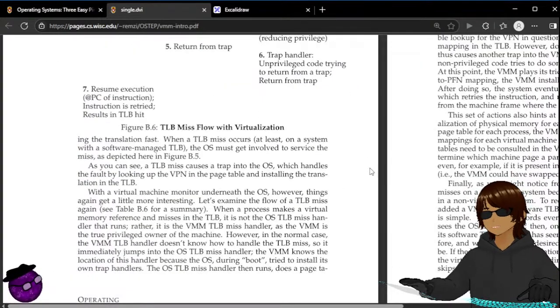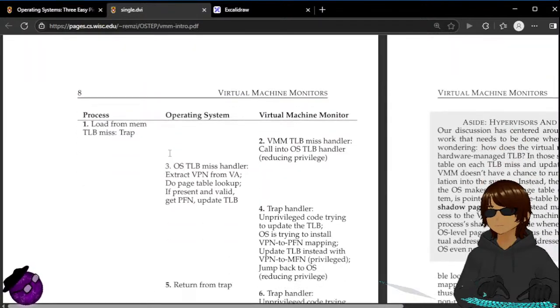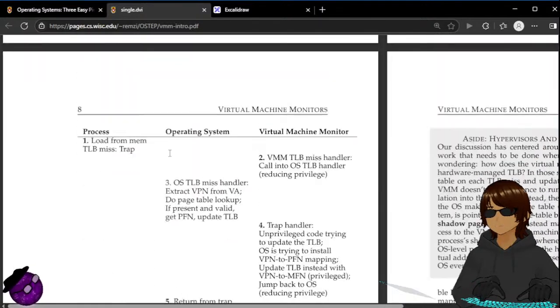In the common case, we expect the TLB to handle the translation in hardware, thus making the translation fast. When a TLB miss occurs, at least on a system with a software managed TLB, the OS must get involved to service the miss, as depicted in figure B.6.